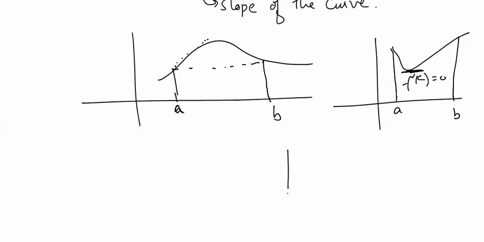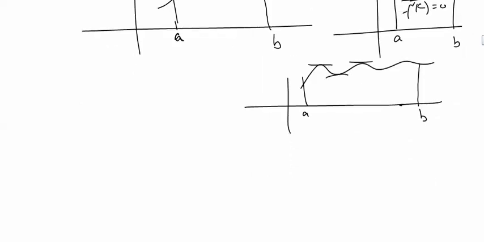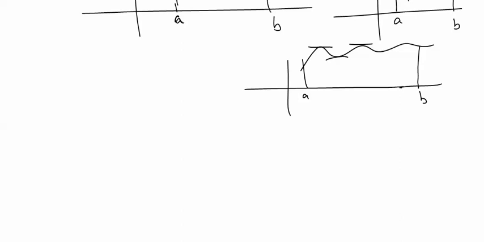The curve can have multiple c's between a and b, but there will be at least one. It is quite evident, I've shown it with different graphs. So this was basically Rolle's theorem.